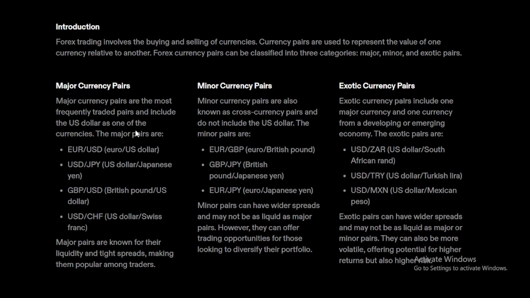Number one is the US dollar. Then we have the euro. We have GBP, that's Great Britain pounds. We have AUD, Australian dollar. We have JPY, Japanese yen. We have CAD, Canadian dollar. We have Swiss franc, that's CHF, and we have New Zealand dollar, which is NZD. So these 8 currencies are the most traded currencies in the market.